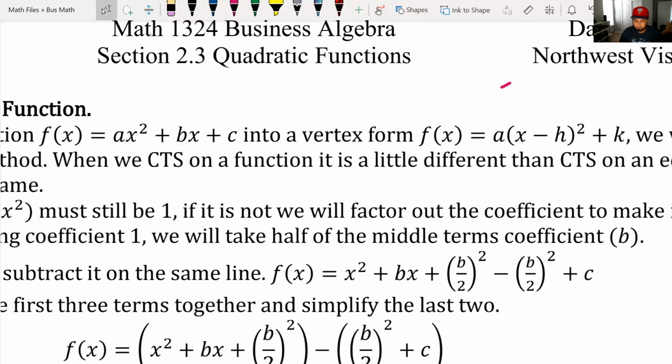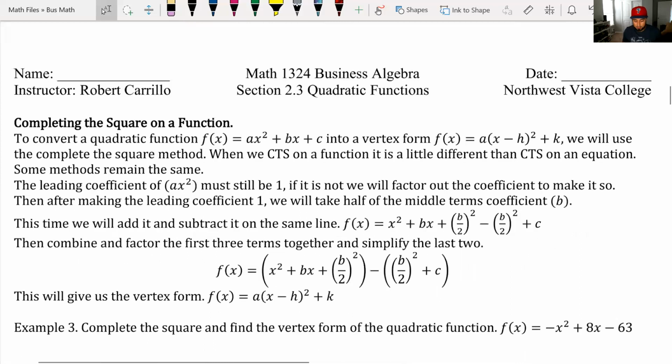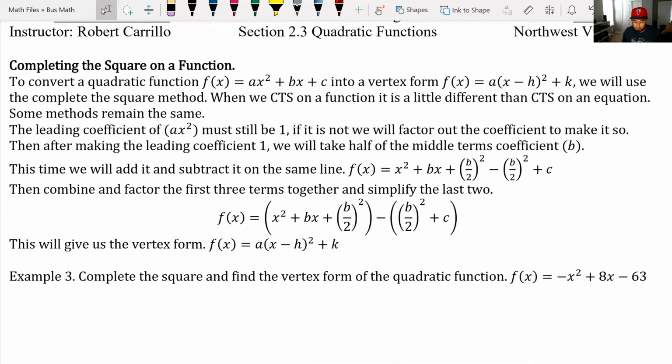All right. So, like I said, this will be a little different than the completing the square on an equation. Some methods remain the same. One thing that remains the same is the leading coefficient must still be 1.